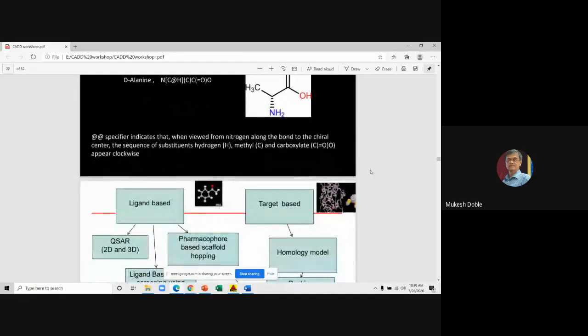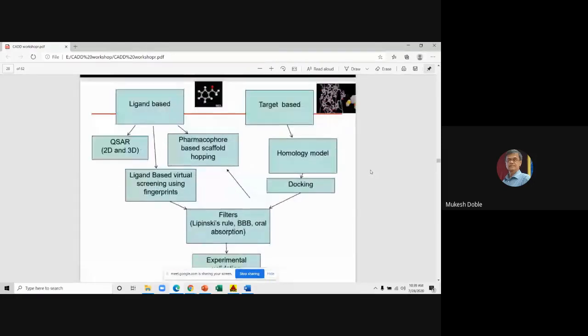I also introduced something called SMILES notation. SMILES notation is very, very useful for transferring structure information from one file to another, one server to another, or one database to another. So it's a very simple text representation of the molecule.